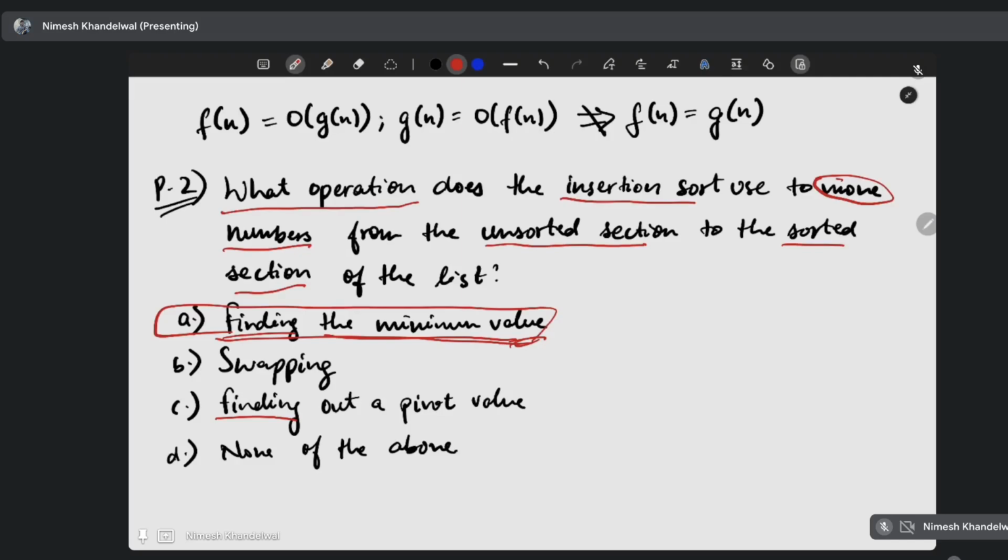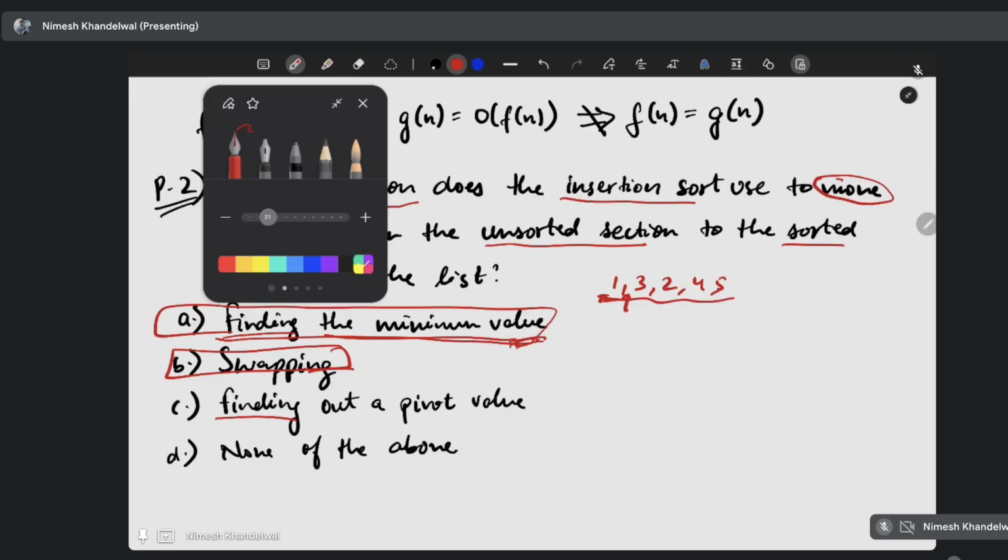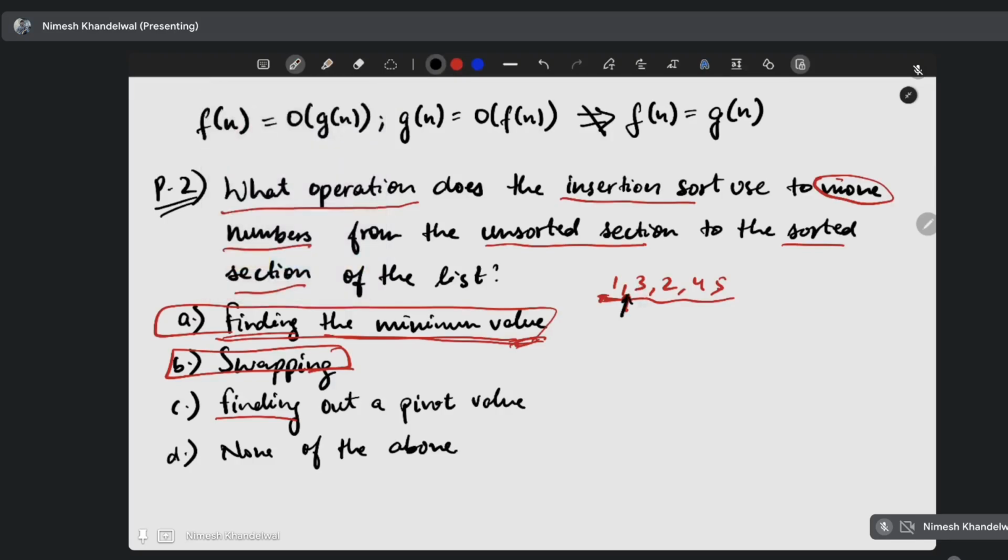So basically, whenever you find the minimum value, we swap it. If we have a section like 1, 3, 2, 4, 5, in the first pass there is nothing to be done, but in the second pass, when we start from this position, we can see that there is a minimum number here too.